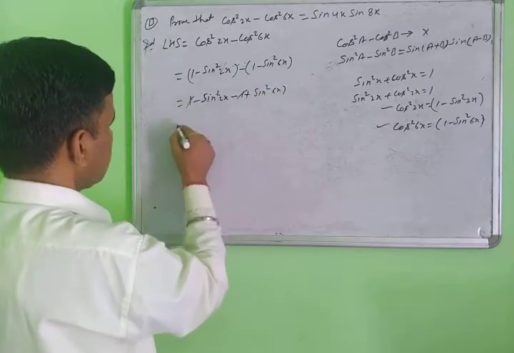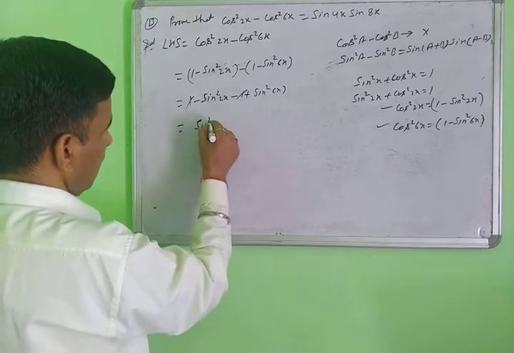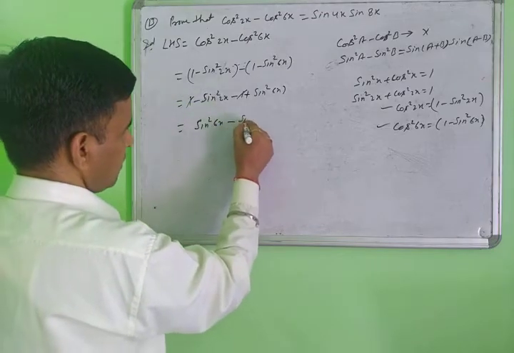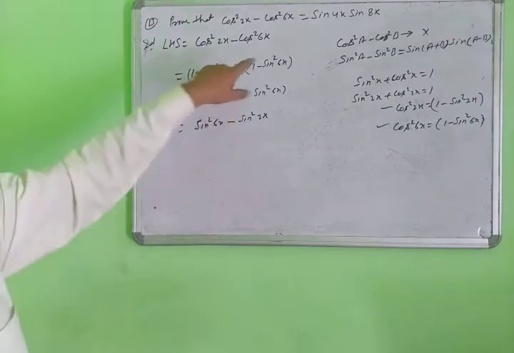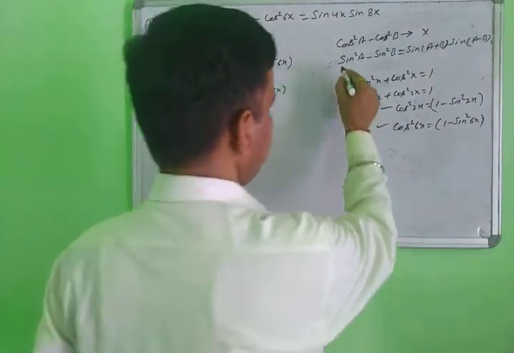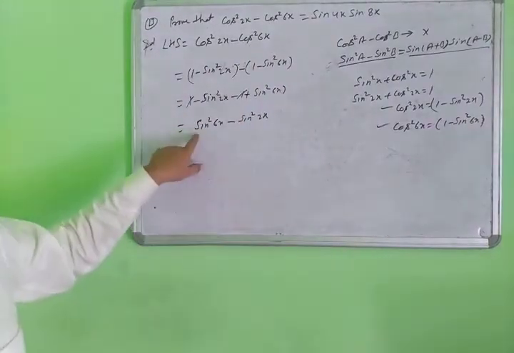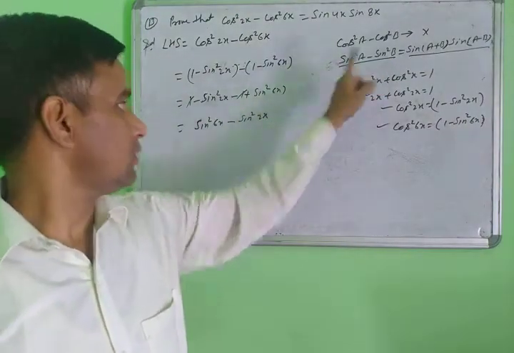The 1s will be cancelled here. What will become here? Sin square 6x, the positive, I will write first and the negative second, minus sin square 2x. Check this: sin square a and sin square b. What is the identity of this? Sin square a minus sin square b. A is placed here as 6x and B as 2x.